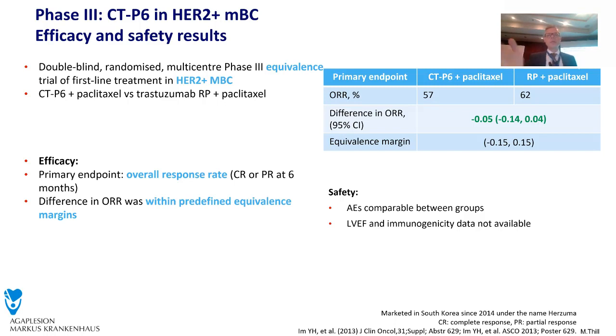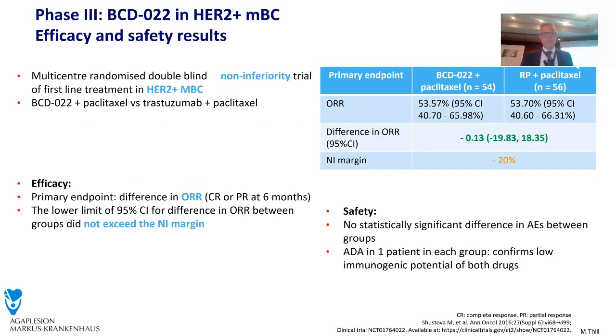And another study, and this is what I mentioned before, that you have to have a closer look at the confidence intervals, at the boundaries. This is the Celltrion study, the CT-P6 in metastatic breast cancer, and the difference in the objective response rate was minus 0.05, and the equivalence margin was minus 15%. For 15%, as I said, you don't have to have that many patients.